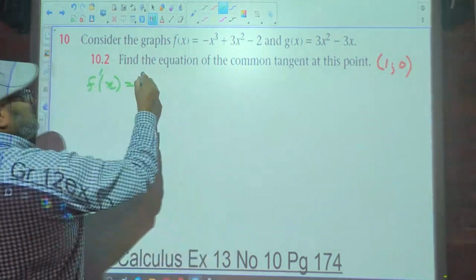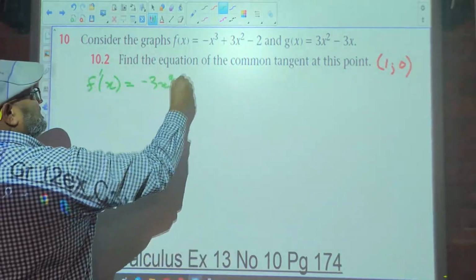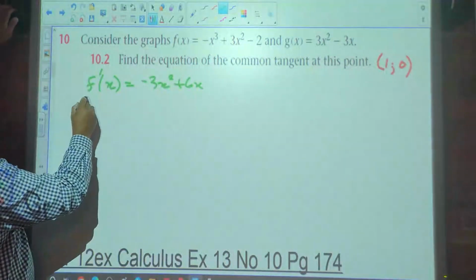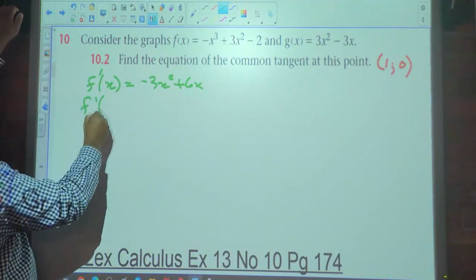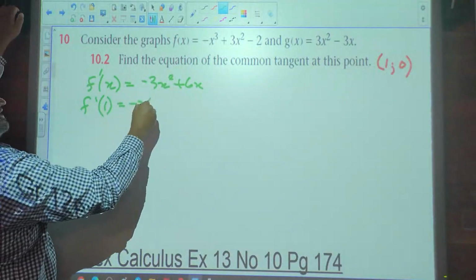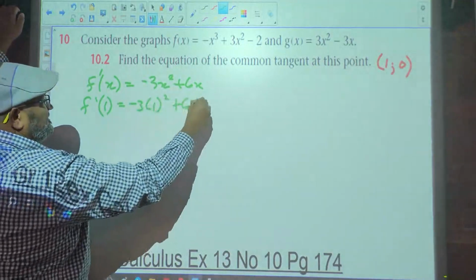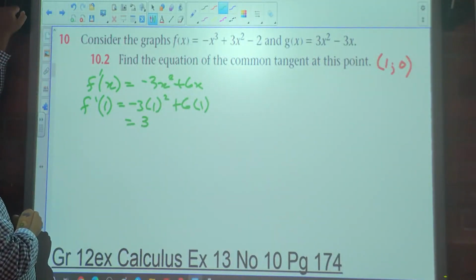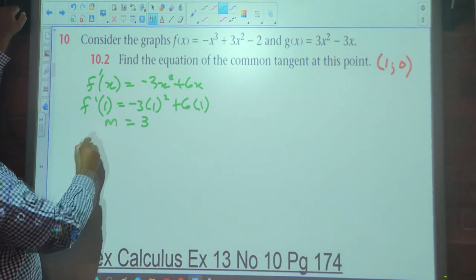Okay, it's going to be negative 3x squared plus 6x. I could have used this, it would have been a bit easier. So the gradient at 1, it's going to give you negative 3 times 1 squared plus 6 times 1. Give you an answer of 3. So that's the gradient of this curve.